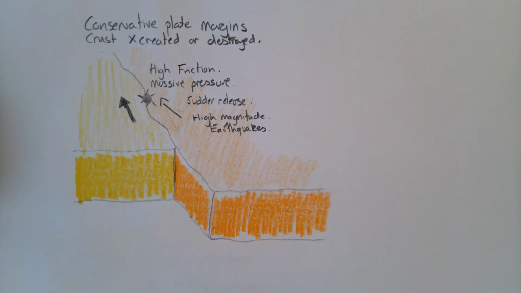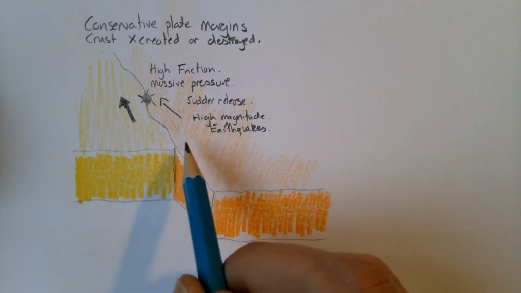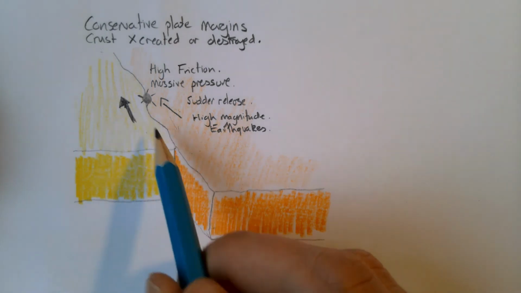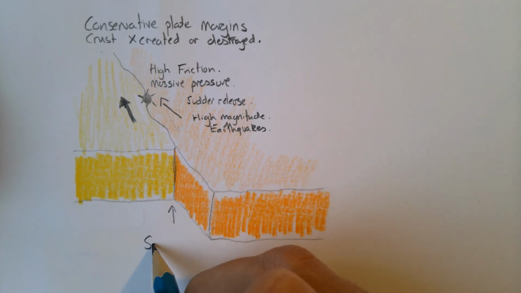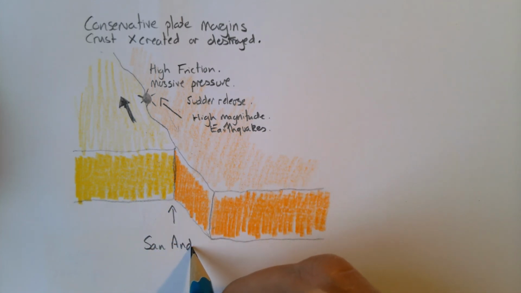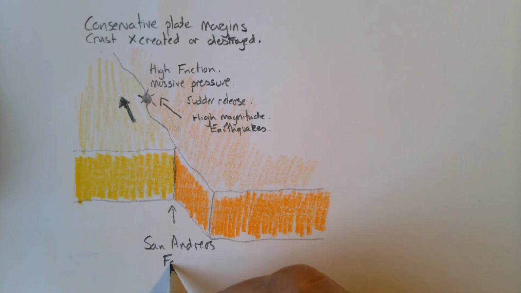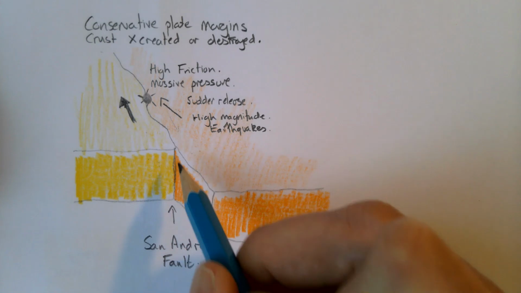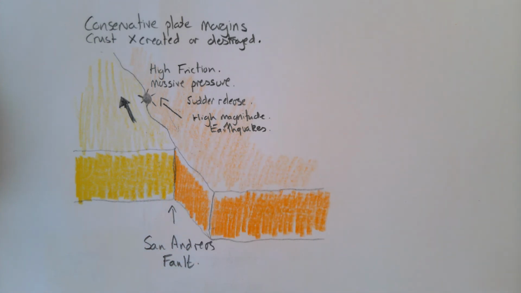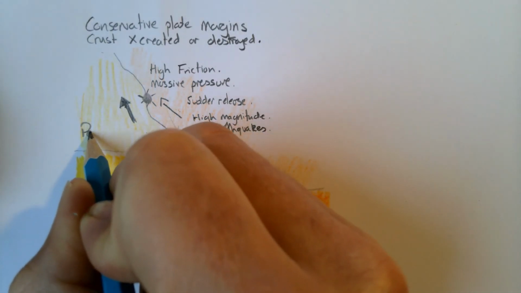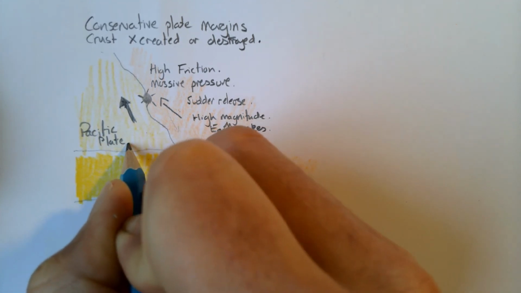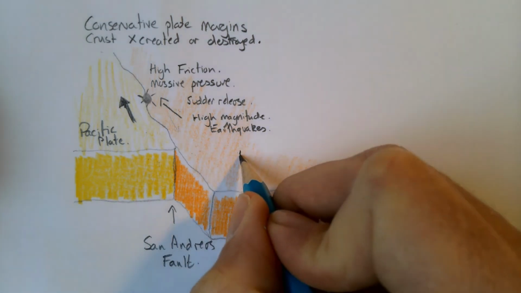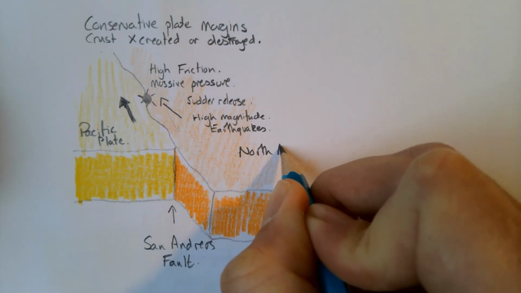So, a real-world example of such a plate margin, where the plates are moving past one another, is the San Andreas Fault. And that is the margin between two plates, the Pacific plate and the North American plate.